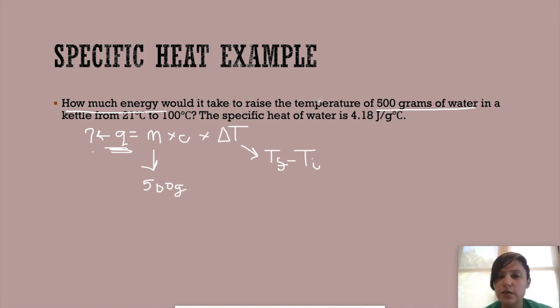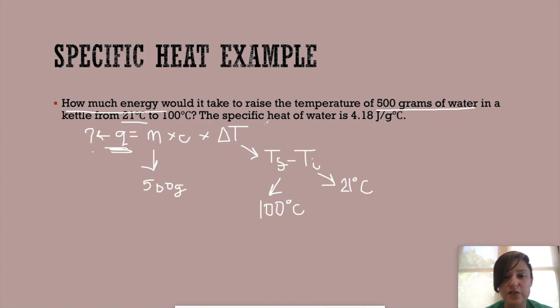So we're looking to see how much energy it would take to raise the temperature of 500 grams of water in a kettle from 21 degrees Celsius to 100 degrees Celsius. So we're starting at 21, which means that's our initial temperature. So this is 21 degrees Celsius to 100 degrees Celsius. So we're going to 100, which means that is our final temperature there.